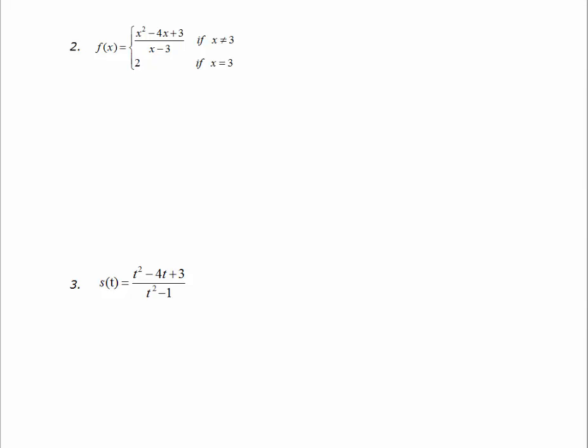And since we're only using this function for values of x such that x does not equal 3, then this function is fine. And then the next function, f of x equals 2, that's continuous everywhere, and we're only using that for x equals 3. So the only thing we need to test here is what's happening at x equals 3.